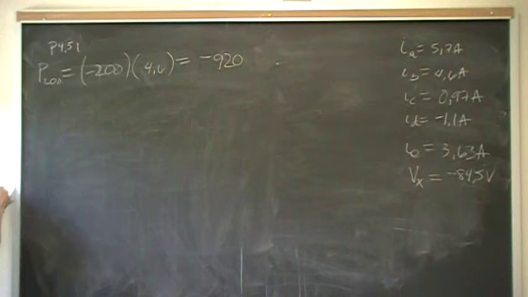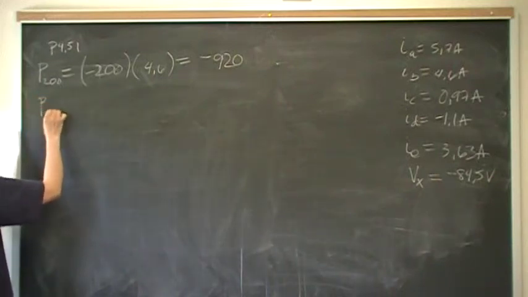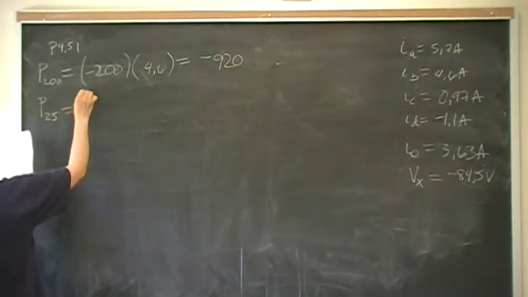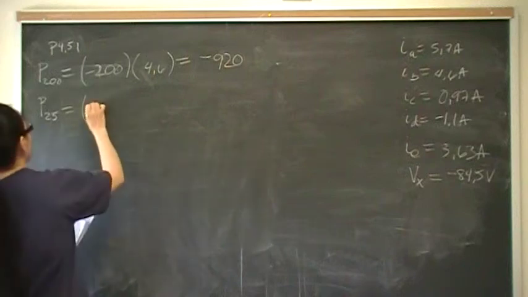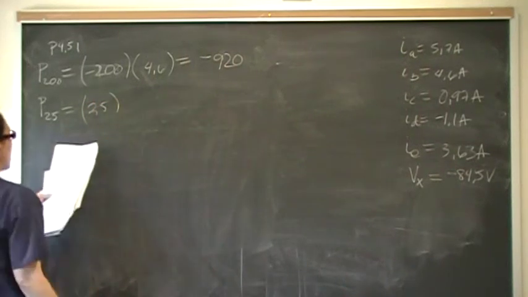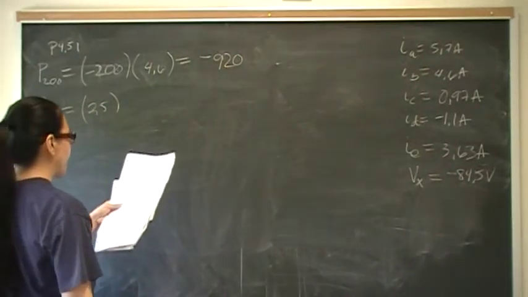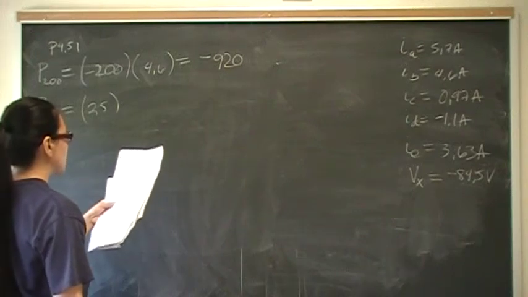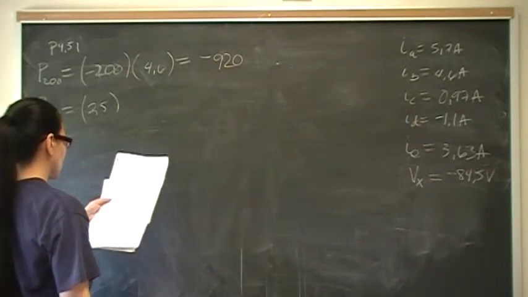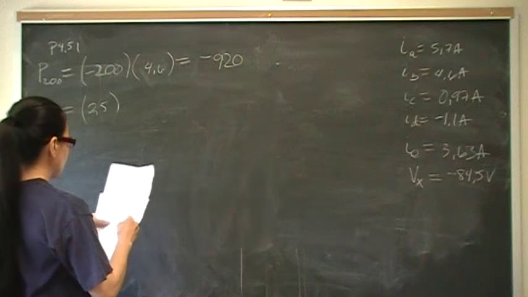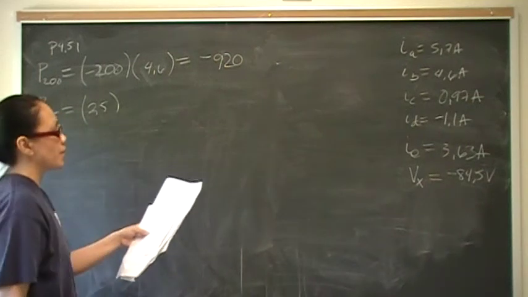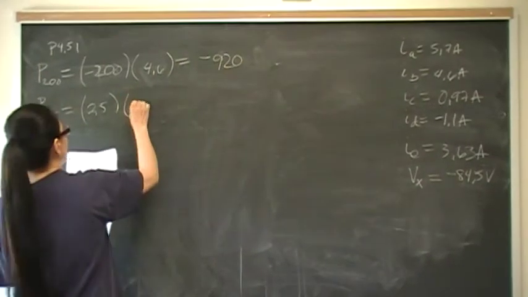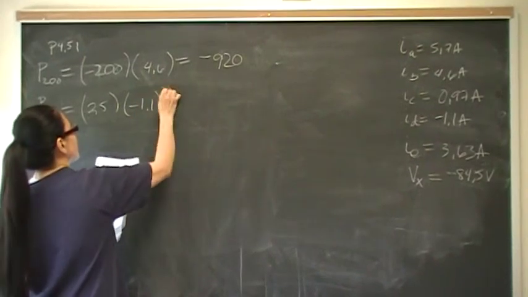So the next one is going to be the 25 ohms. So P is equal to I squared R. The R is 25. The I is actually ID, right? Because we found that. So ID is negative 1.1 amps squared.